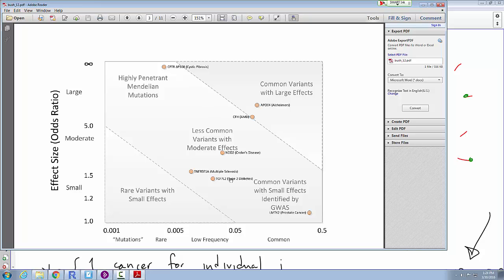What GWAS is about is trying to study different types of relationships. If you're looking for the magic gene that causes a rare disease, there are different techniques that you would use. I'll mention it next time: family association studies. With cystic fibrosis, if you have this mutation, you have the disease.